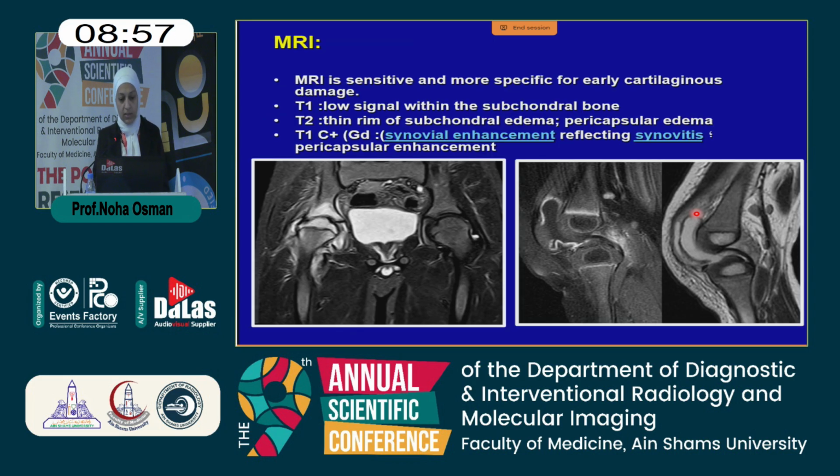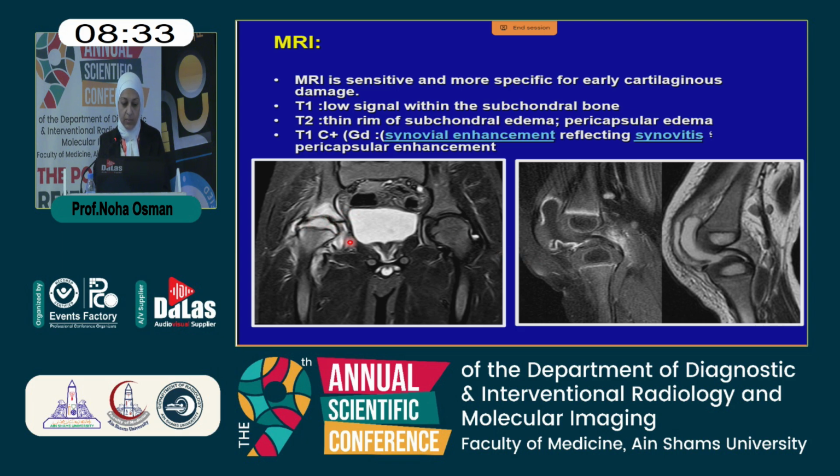MRI is very sensitive and specific for findings early in the disease process. As we see here, we can see marrow edema at the opposing surfaces of the subchondral bones. At the initial phase there is widening of the joint space due to effusion, and later it is narrowed due to worsening of the disease process.